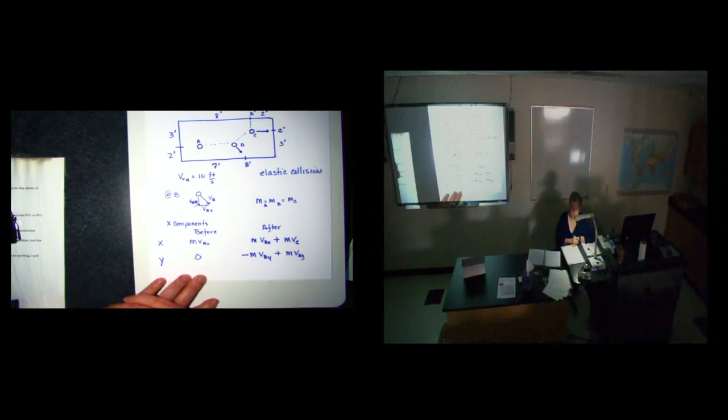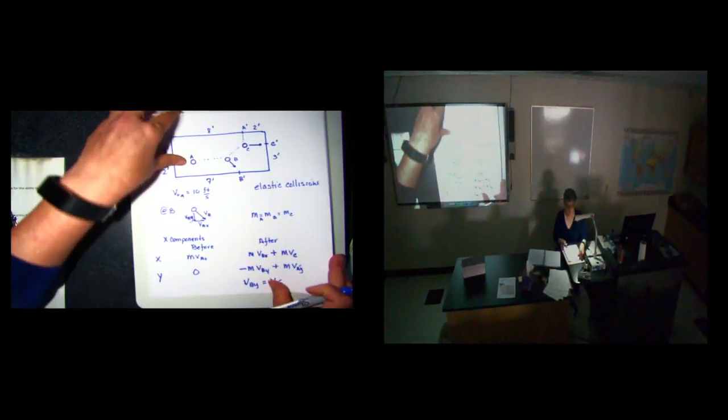So now I get VBX squared plus 2VBY squared plus VC squared, and that's VA0 squared. So there's 1, there's 2, there's 3. But I have, this is known, that we don't know.